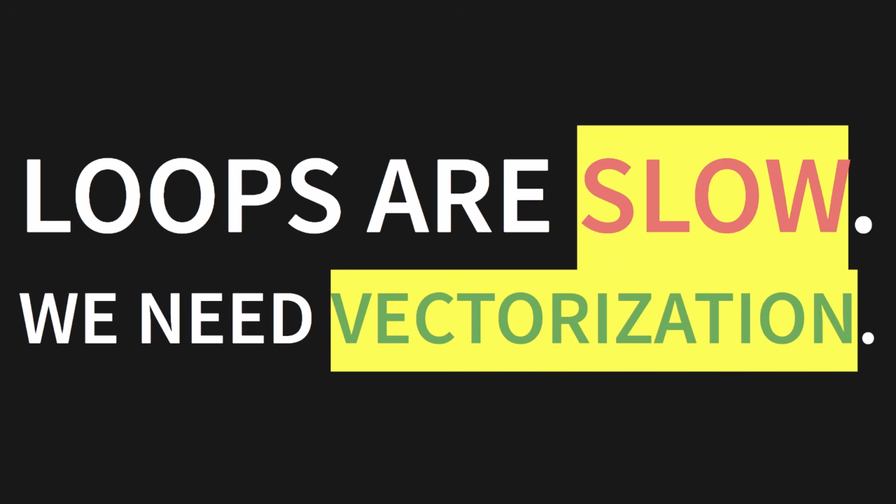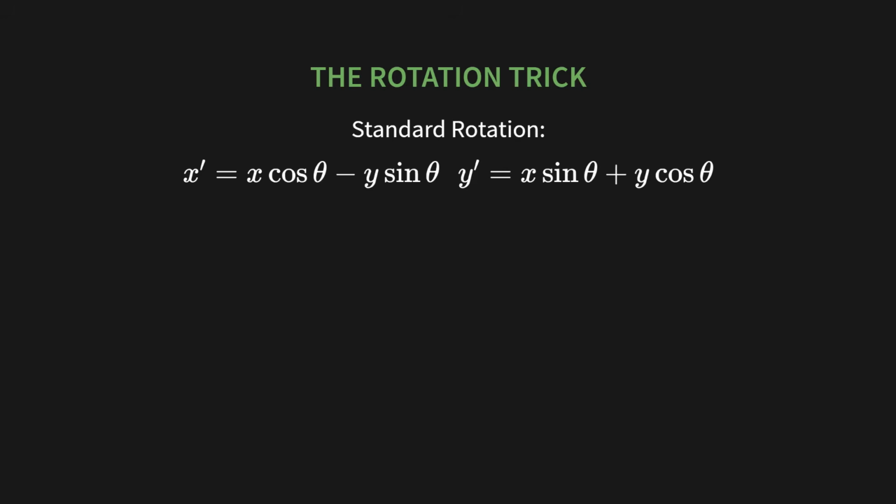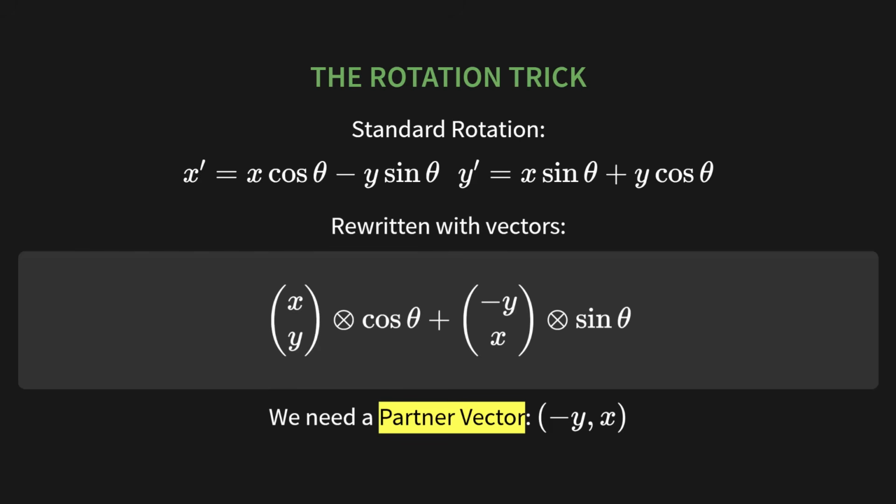Let's look at the standard rotation formula again. X prime equals x cos theta minus y sine theta, and so on. We can actually rewrite this with vectors. As you can see in this formula, it becomes the original vector xy multiplied by cosine theta plus a special partner vector, negative yx, multiplied by sine theta.